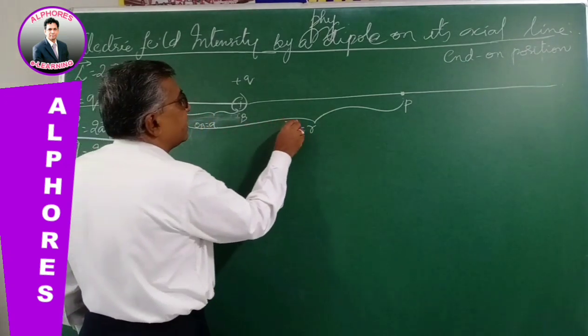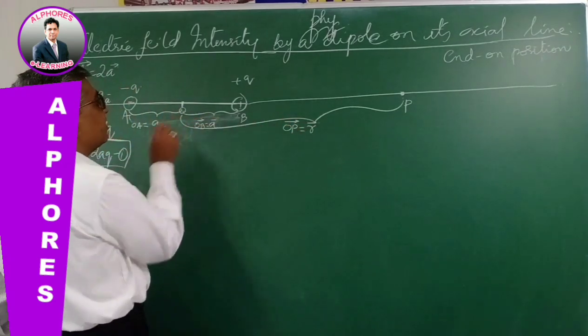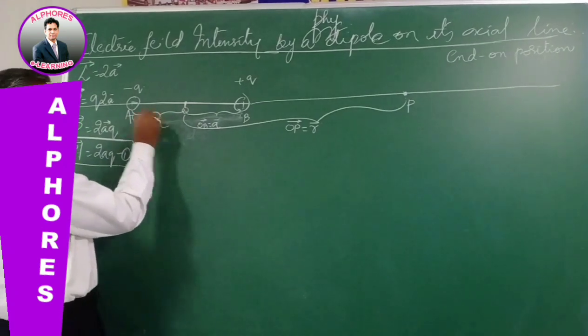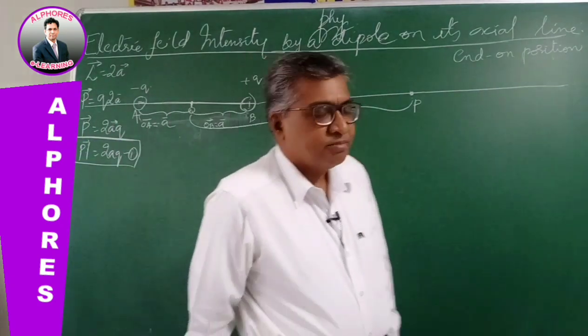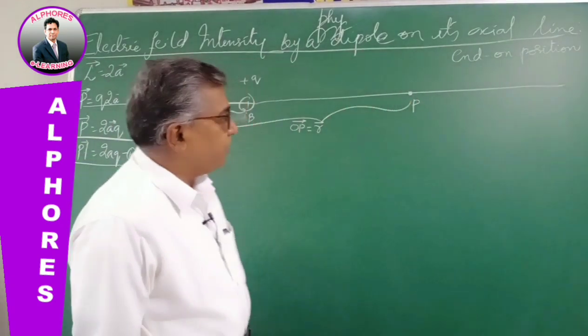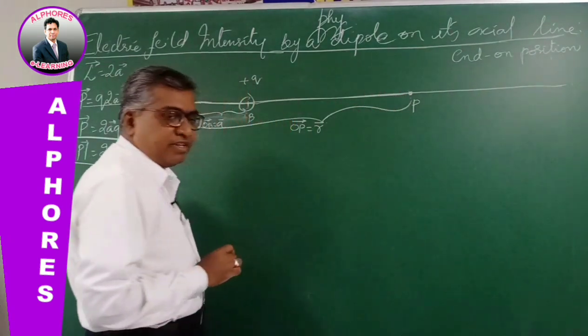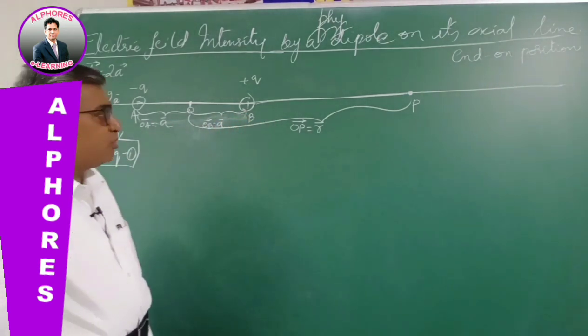Suppose if you take it vectorially, OP is r bar, OB bar is a bar, and OA is minus a bar, in the opposite direction. So therefore, this is the distance of the point P. We are considering a point P on the axial line of the electric dipole, where the distance of it from the center of the dipole is r.